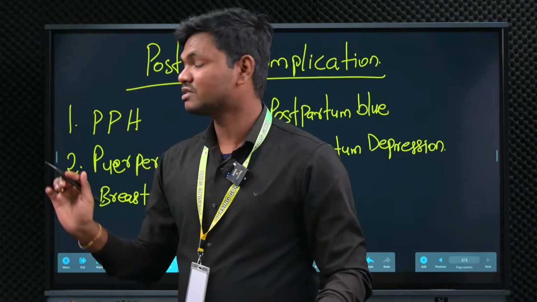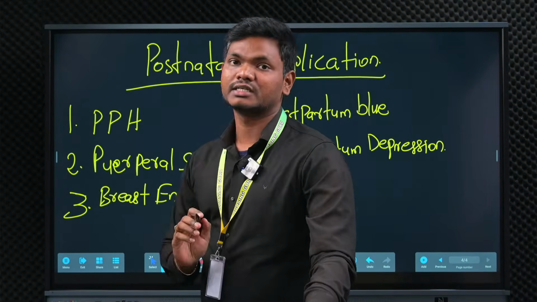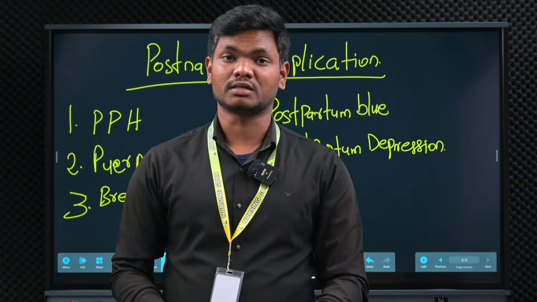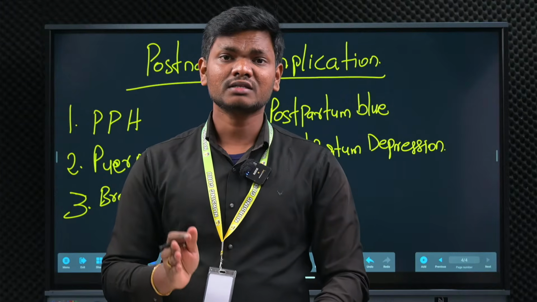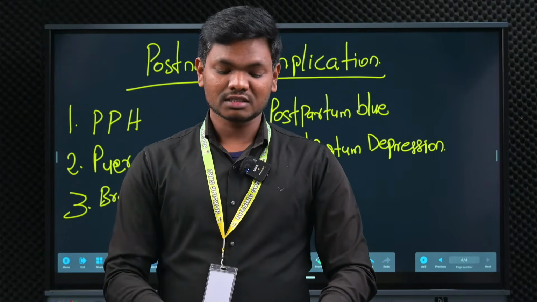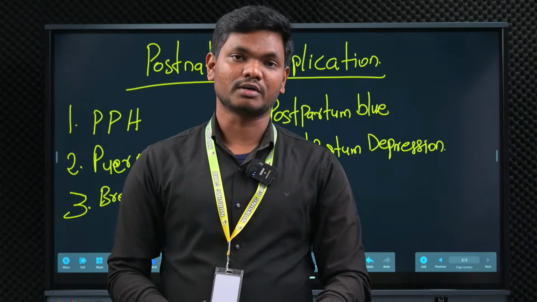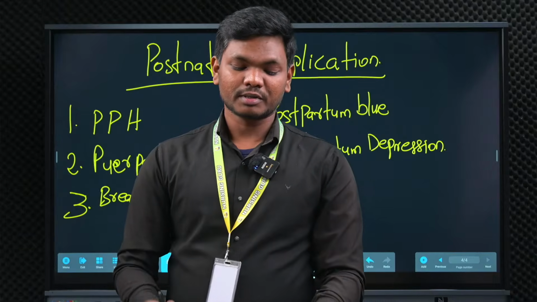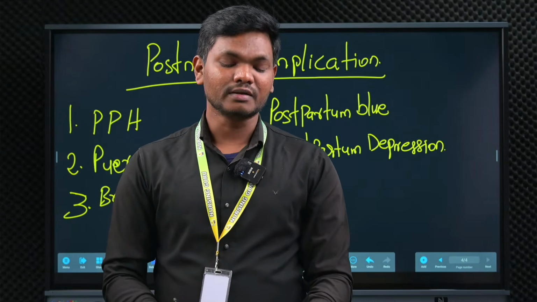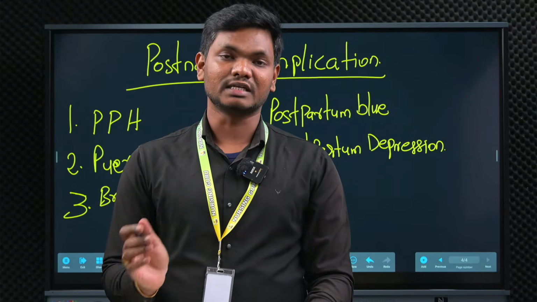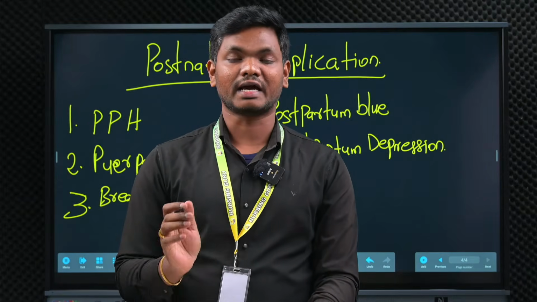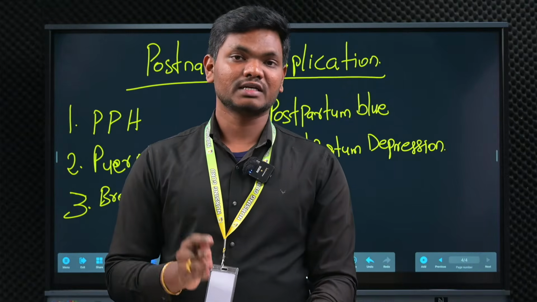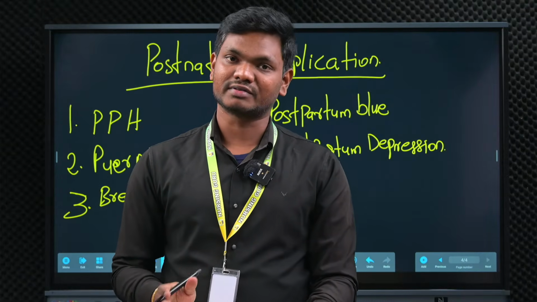So the first one is postpartum hemorrhage, that is PPH. So what is PPH? After the delivery, the excessive bleeding is known as postpartum hemorrhage. So how will it be identified, because vaginal bleeding is normal after the delivery?